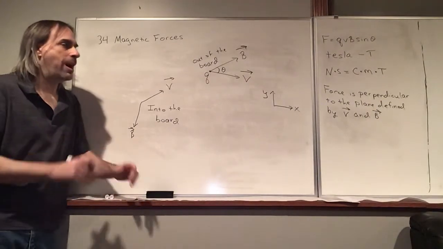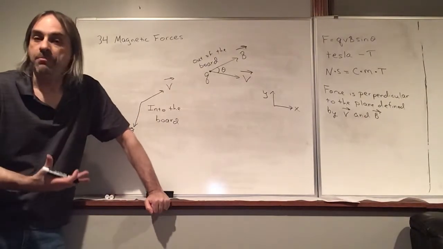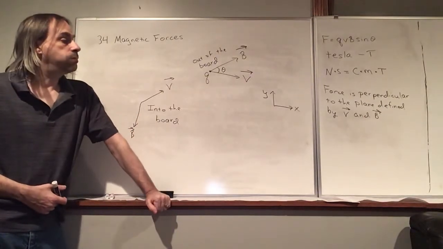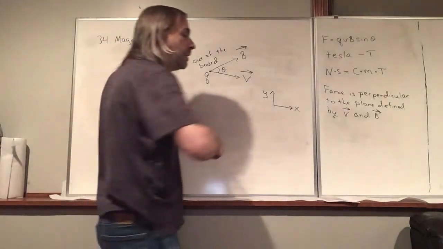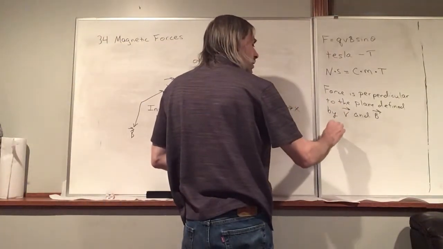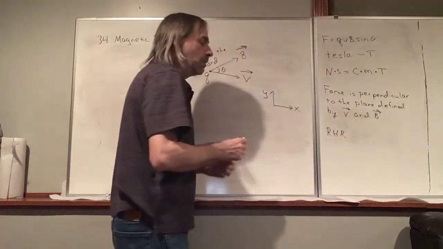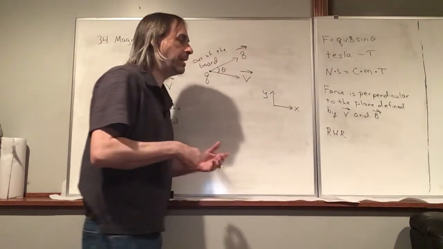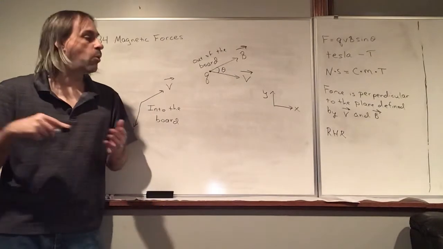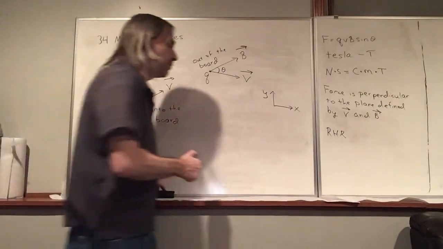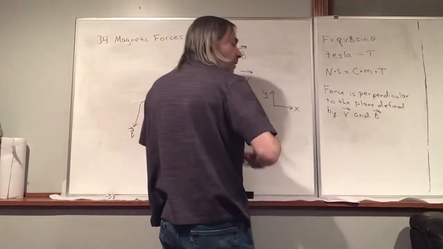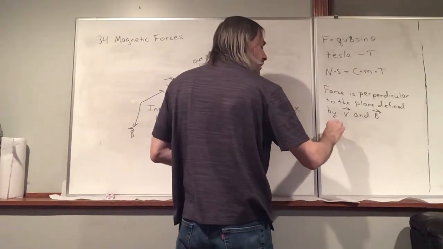Okay. So it gives you a direction. Now, what is that direction? Like, what does that mean? I'll write it here. Right-hand rule, RHR for right-hand rule. That gives you a direction, and the magnetic force, maybe I should write it that way. The force is in the direction indicated.